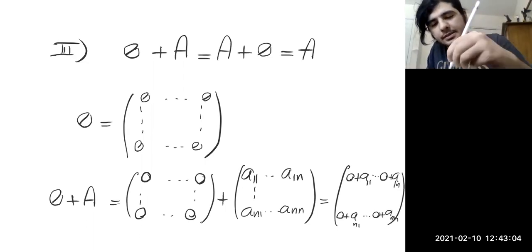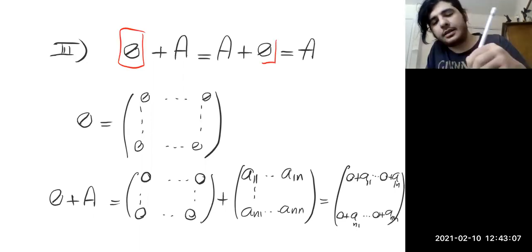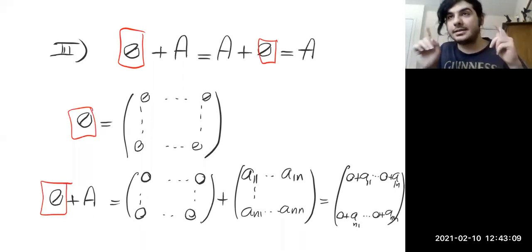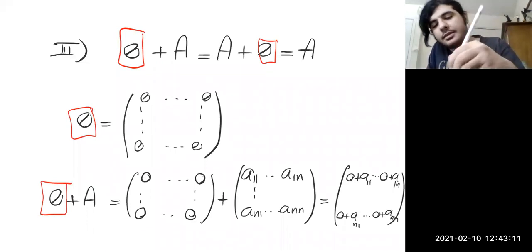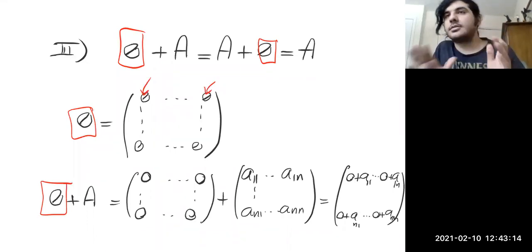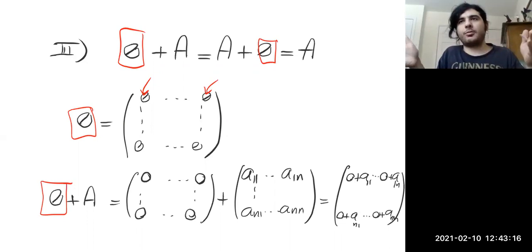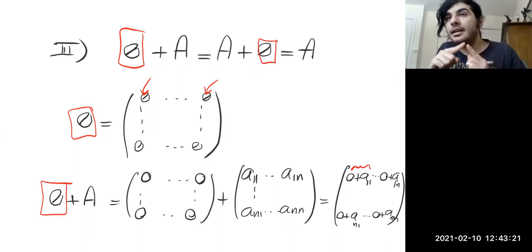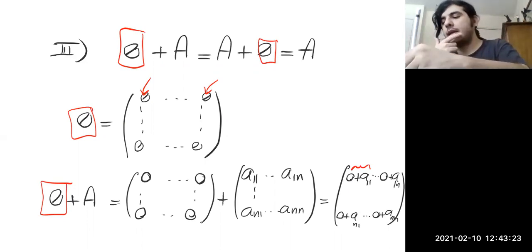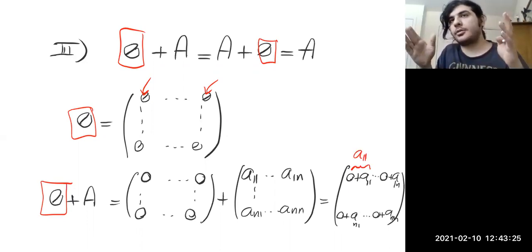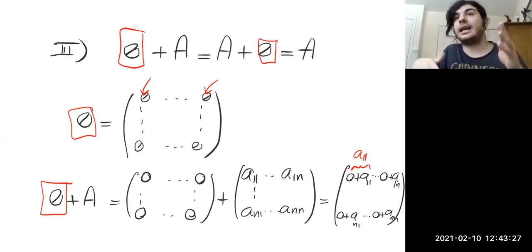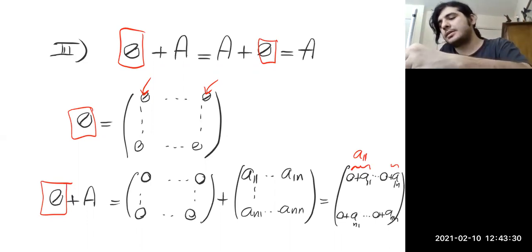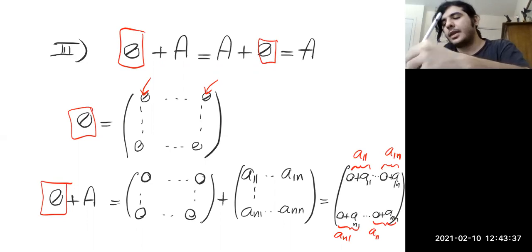So again, this 0 here is a 0 as a matrix. The zeros in the components are zeros as a real number. So I know 0 as a number plus A11 is just A11. I know the number 0 is the identity element of addition. 0 plus A1n is just A1n. This is just AN1. This is just ANN.